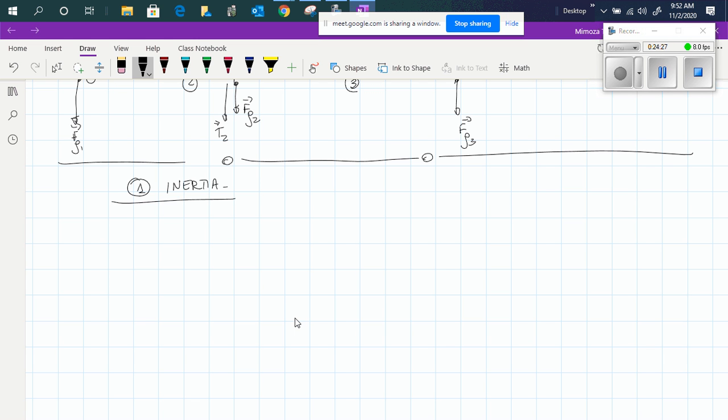The second law is known as the force net. Force net is equal to mass times acceleration. This is what it's saying. And force net is the sum of all the forces that the object is experiencing. How do we find this? Using the free body diagram.